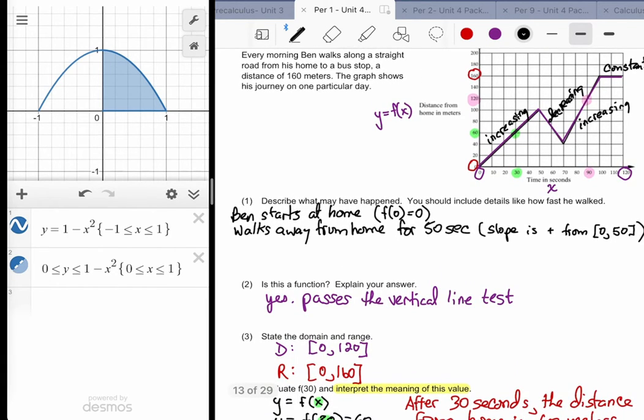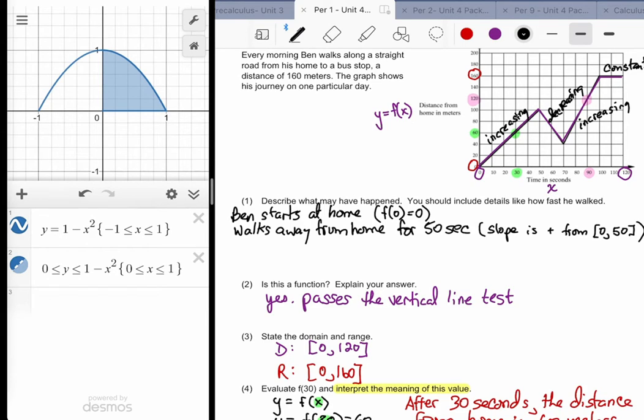Now, in terms of his rate of speed, it looks like it's fairly consistent in terms of when he's walking away from home and when he's walking back towards home. But we can determine that value. So it's increasing, but we can determine the slope. The change in y here is 100.